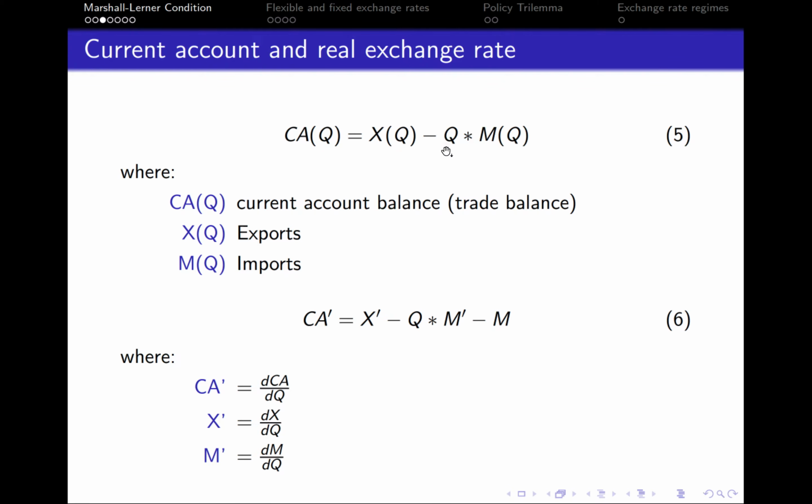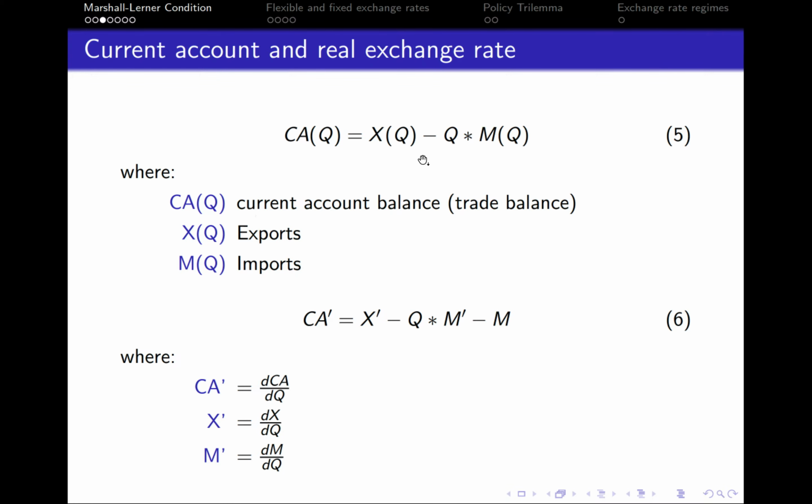This is why we need to multiply it by real exchange rate in this case in order for both exports and imports to be expressed in the same currency. Now, look, as you see, in this setting, we can express current account simply as a function of real exchange rate.